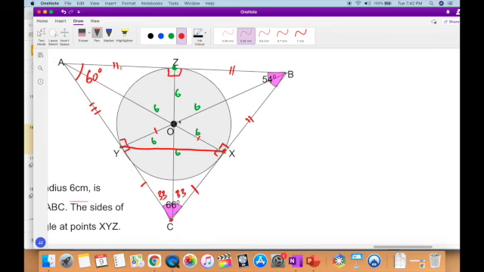Same here, this line will be bisecting this angle, so what's 54 divided by 2? It's 27. So I have 27 here and 27 here. That means this is going to be 30 here and this is going to be 30 here.